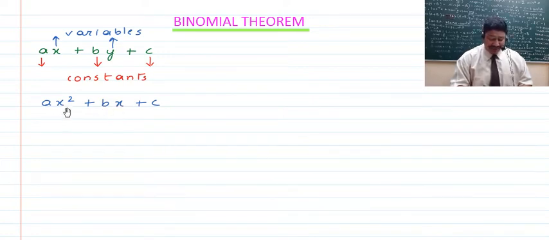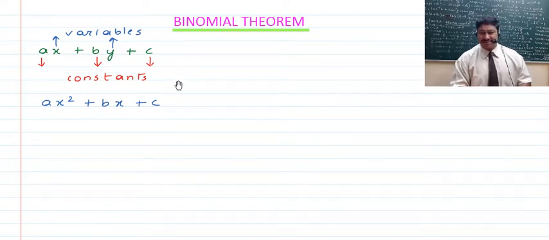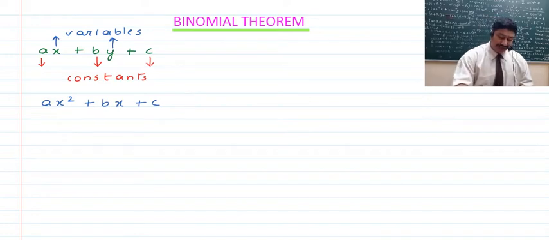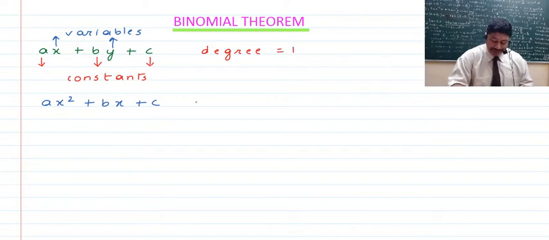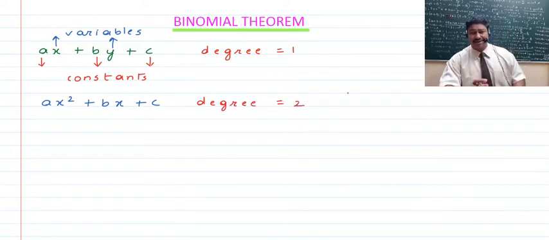Since the highest power of the variable is 2, we are going to call this quadratic, or in other words, the degree is 2. So the degree is the highest power of the variable. In the first case, we found that the degree was 1. Here, the algebraic expression has a degree of 2 because the highest power of the variable is 2.